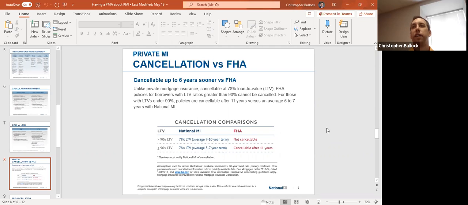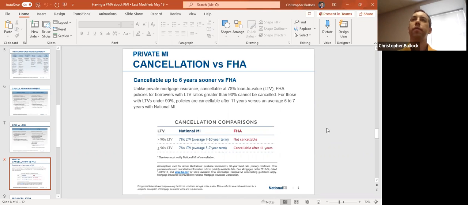So with FHA, in that scenario, what I would recommend is a rate and term refinance. So we'd refinance you over to conventional, eliminate PMI, and the rate and term basically means we're not going to give you any cash out equity, so your payment should stay the same or even go down a little bit.